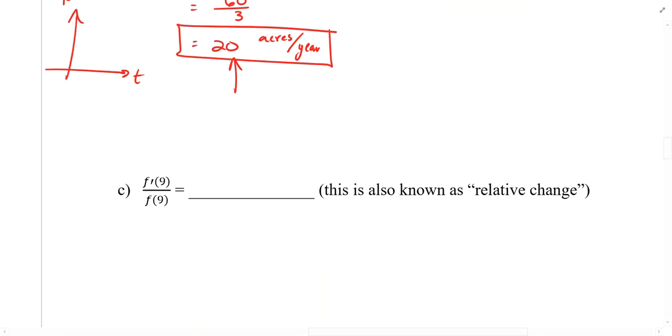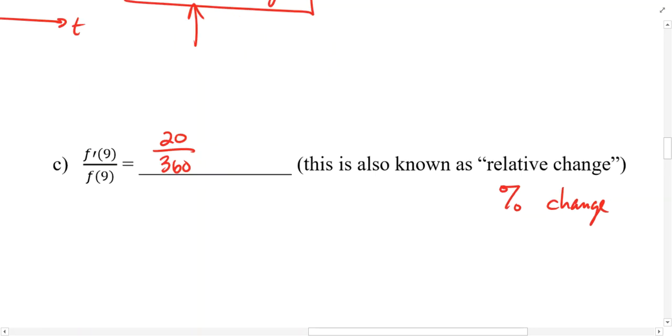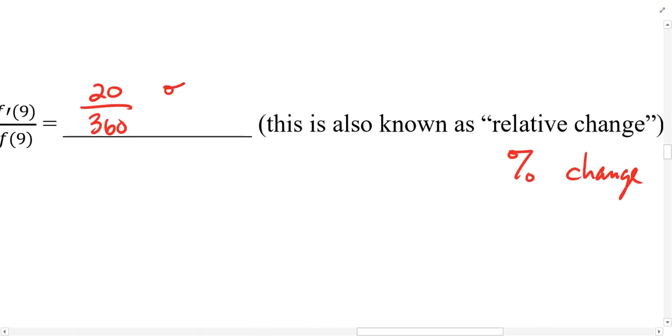When we calculate part C, we're being asked to find f prime of 9 divided by f of 9. And this calculation is sometimes called relative change or percent change. And it's pretty helpful for us to investigate what's happening in a real-world situation.